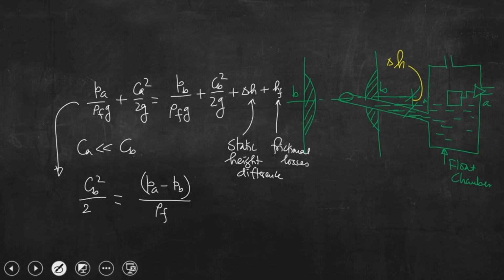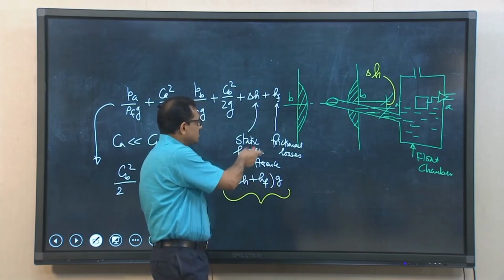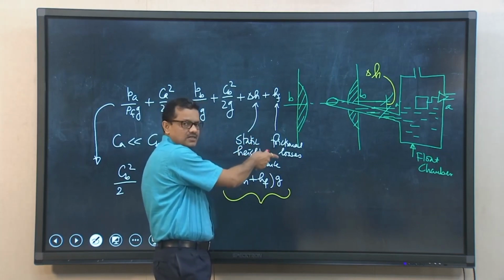If we cancel G from all the terms on both sides, then we can write minus delta H plus Hf into G. Now, this is the pressure drop across the orifice, accounting for these two effects, static height difference and frictional losses.